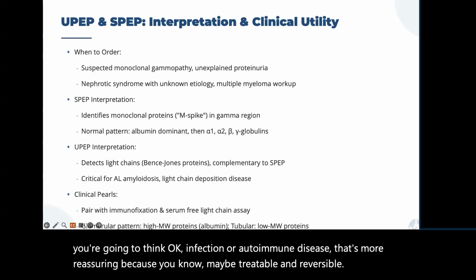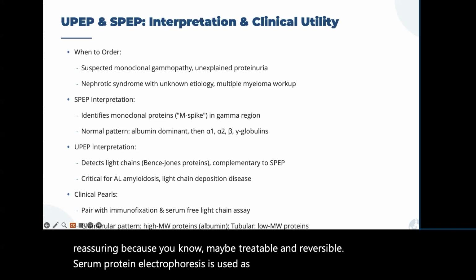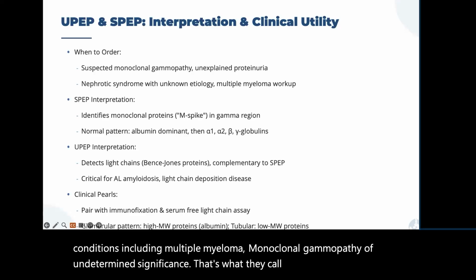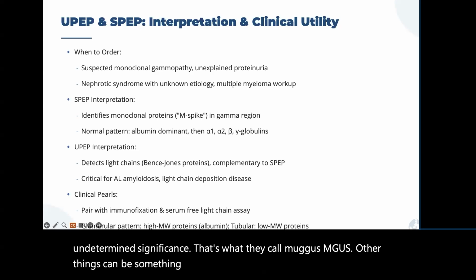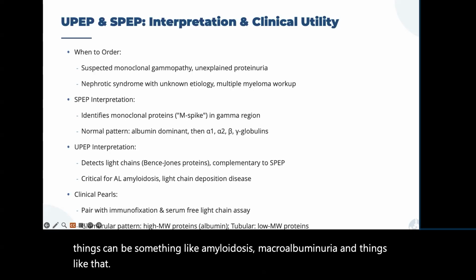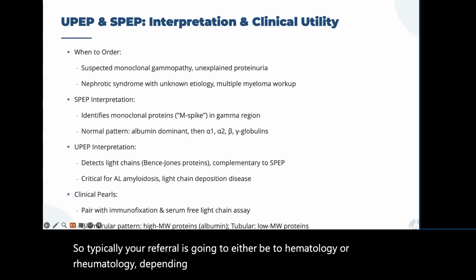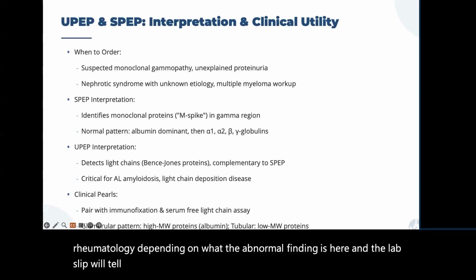Serum protein electrophoresis is used as a screening tool for a host of conditions, including multiple myeloma, monoclonal gammopathy of undetermined significance, that's what they call MGUS, and other things like amyloidosis, macroglobulinemia, and things like that. So typically your referral is going to be either to hematology or rheumatology, depending on what the abnormal finding is here. And the lab slip will tell you what the findings indicate.